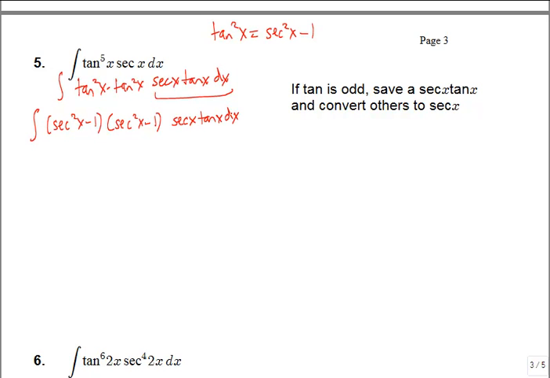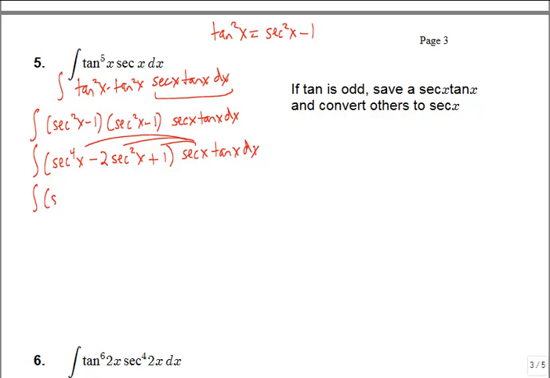dx. Now, just like in the last problem, you're going to want to FOIL this out, and you're going to get powers of secants. So this is going to be secant to the 4th x. You'll get a minus secant squared and another minus secant squared in the middle, so that'll be minus 2 secant squared x, and then a plus 1. And then if you need to, you can integrate directly from here if you can visualize it, or you can break this up into 3 different integrals, each one having that secant x tan x on the side.